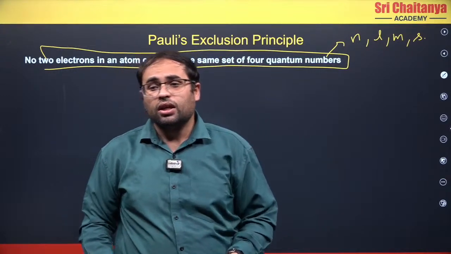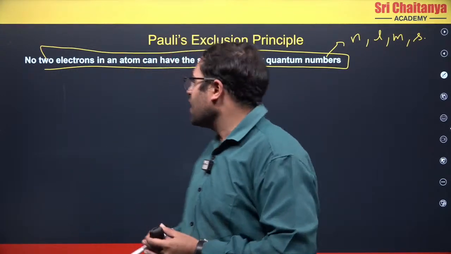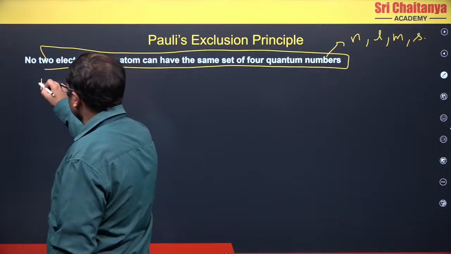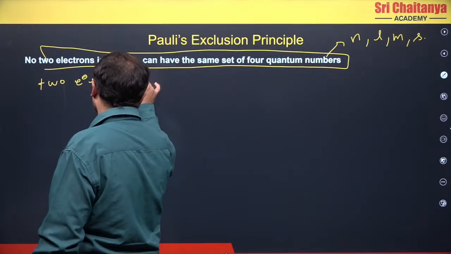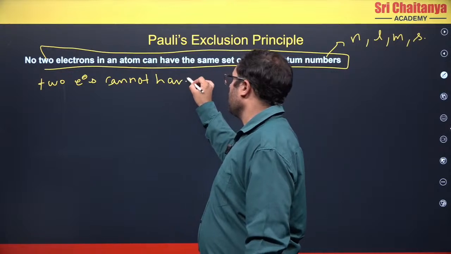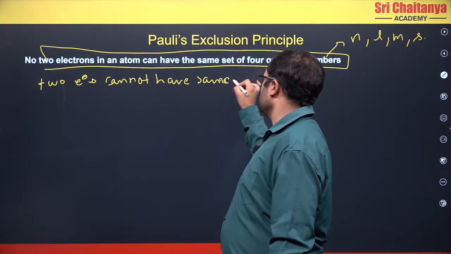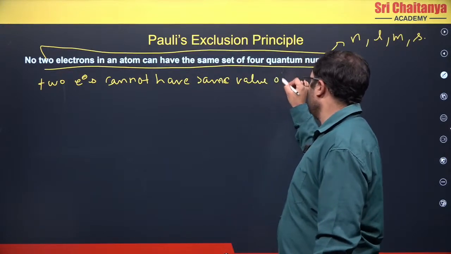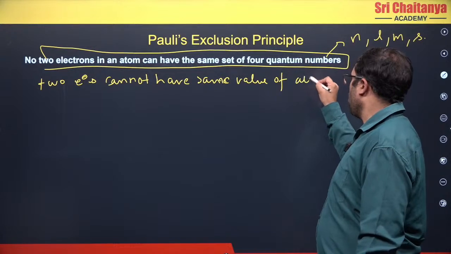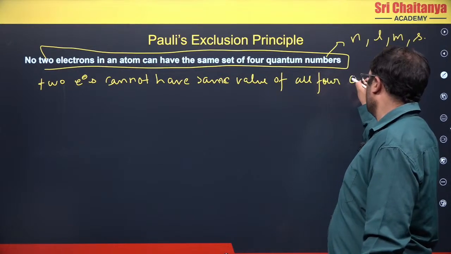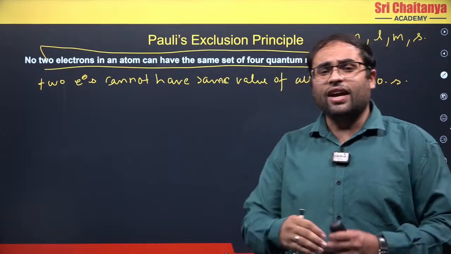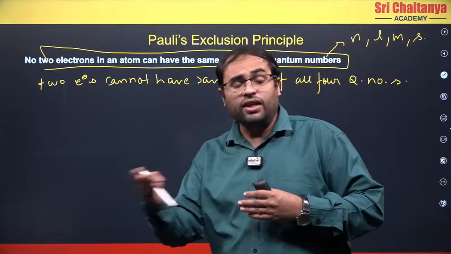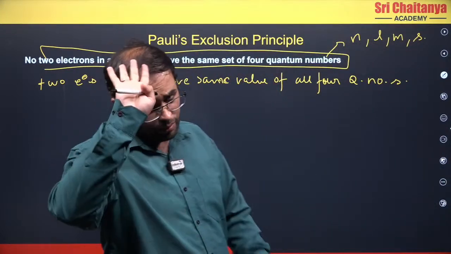In other words, 2 electrons cannot have the same value of all 4 quantum numbers. Every electron needs to have different values of at least 1 quantum number.